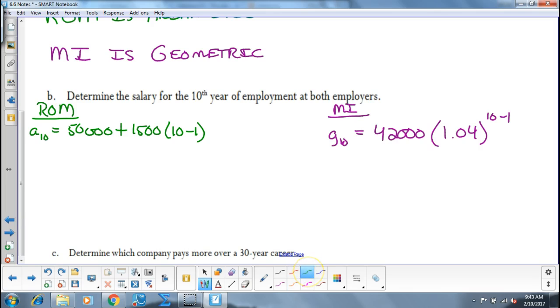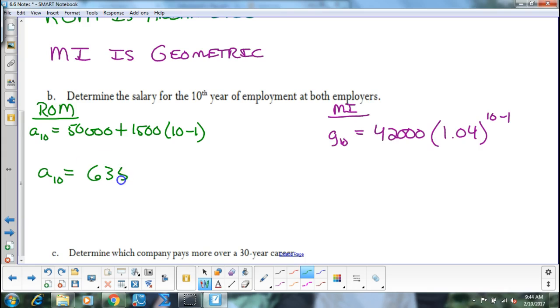9 times 1,500 is 13,500. So that's going to be $63,500 for Range of Motion. Yes? Yeah. Okay.